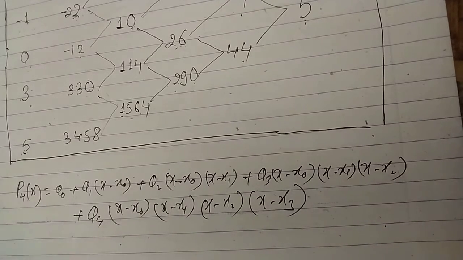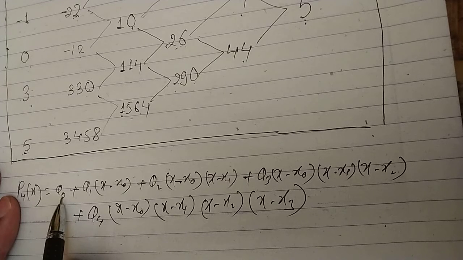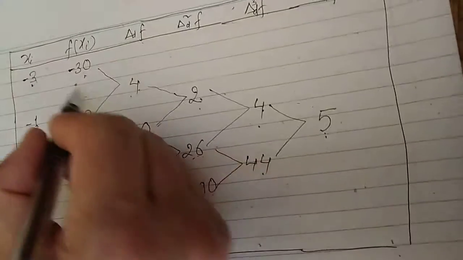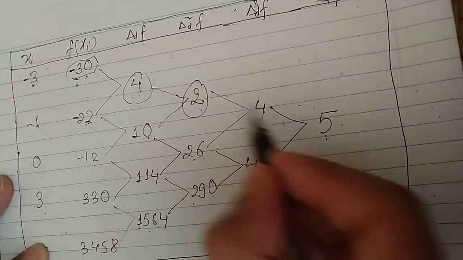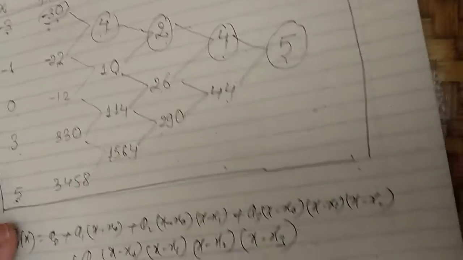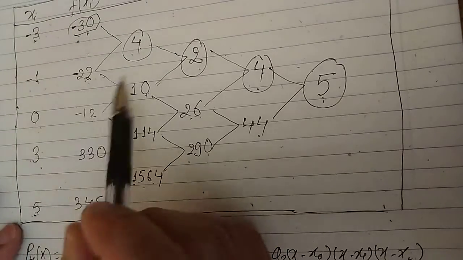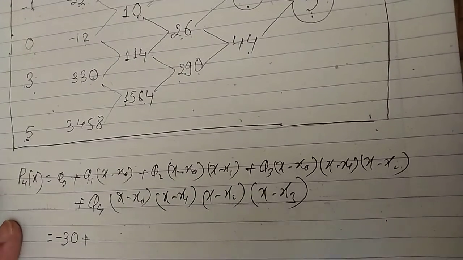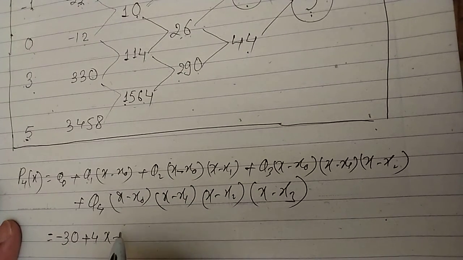All right. So what is the value of A0? A0 means f(x0), you know it. So what is that? Minus 30 plus, what is A1? This will be your A0, A1, A2, A3, A4. So you don't have to use the formula. You can calculate this. A1 is 4, x minus x0 is x plus 3.